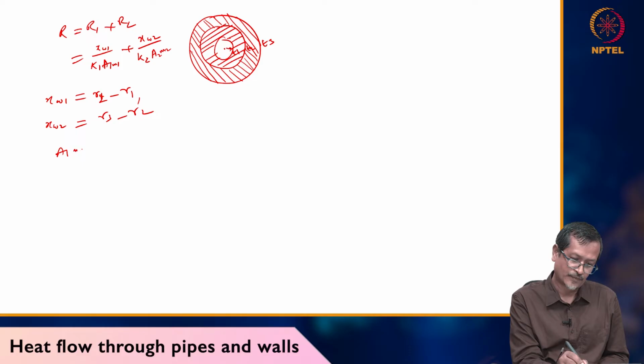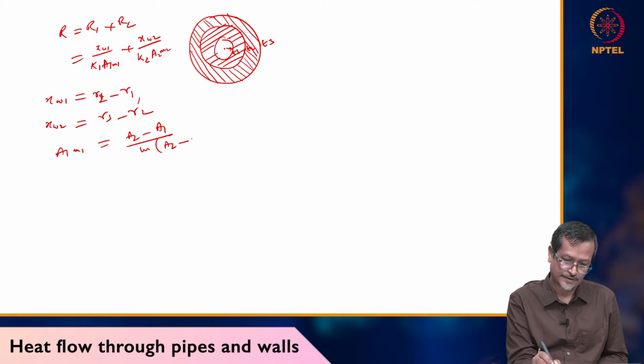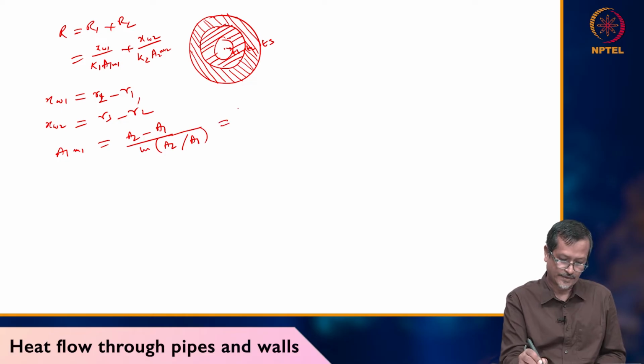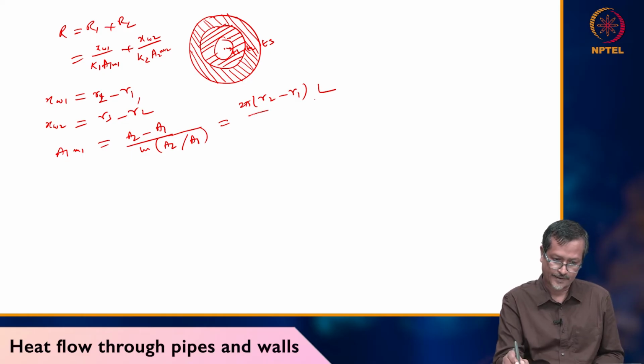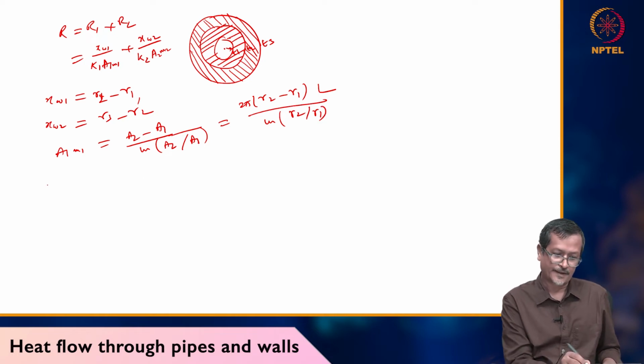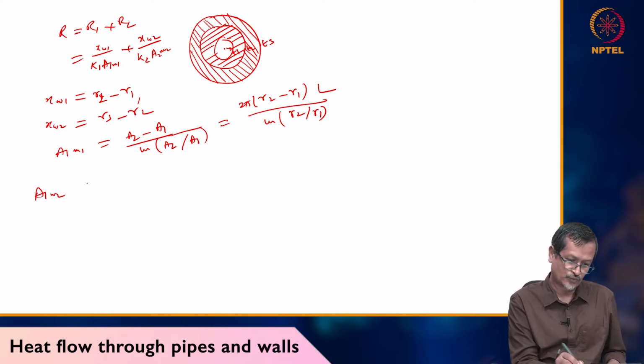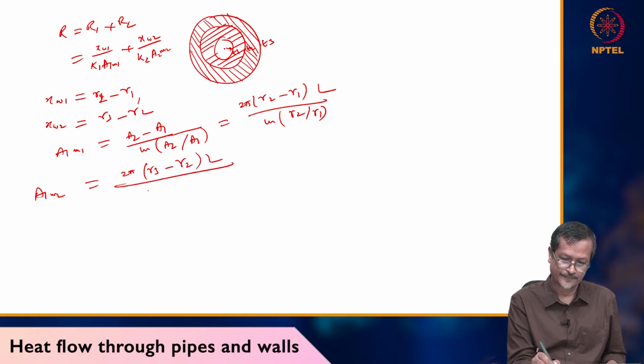So A1m equals (A2 minus A1) by the logarithm of A2 by A1, equals 2 pi (R2 minus R1) L by the logarithm of R2 by R1. A2m equals 2 pi (R3 minus R2) L divided by the logarithm of R3 by R2.